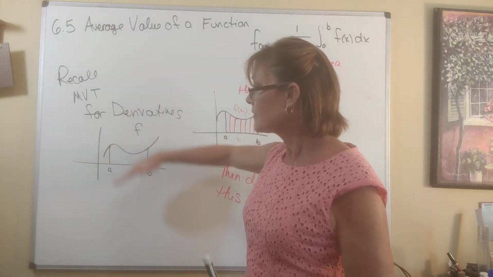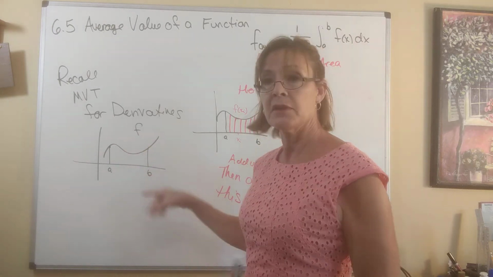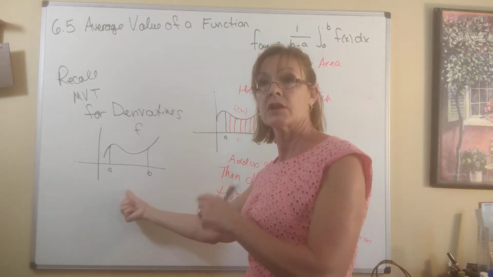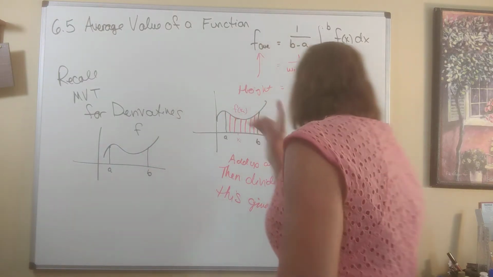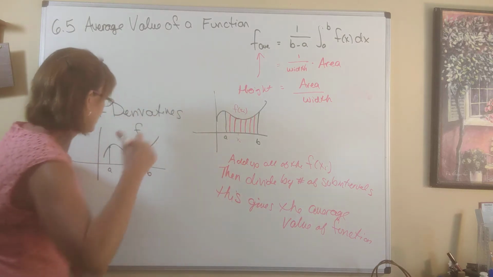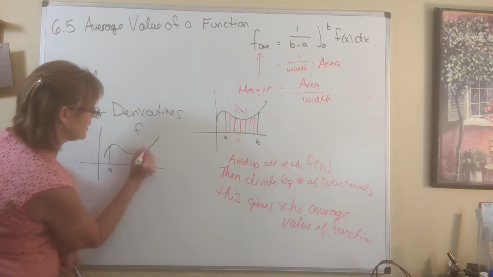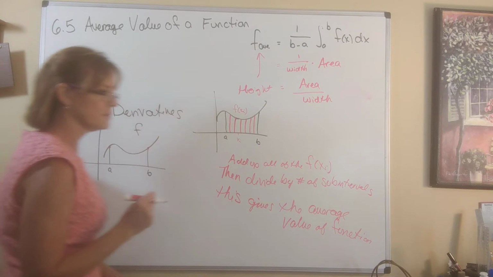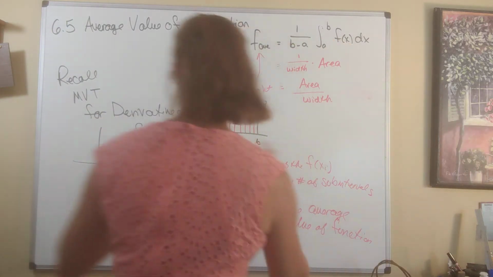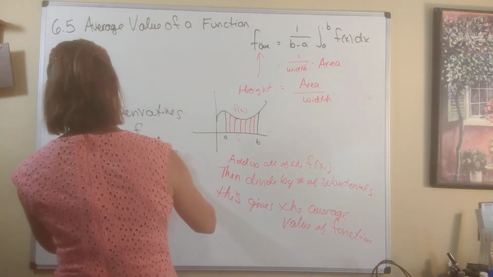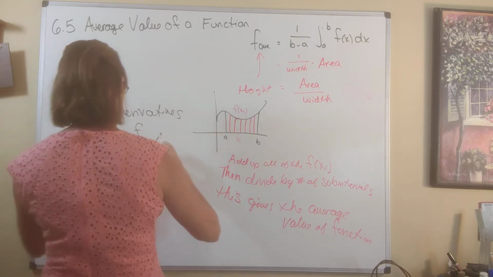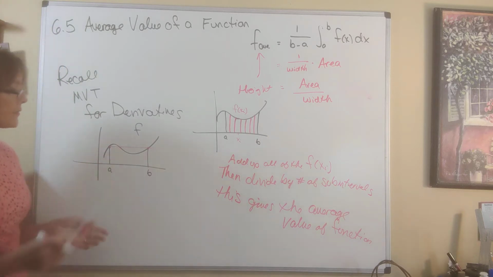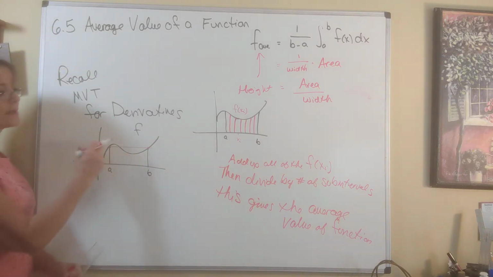So let's draw the secant line from a to b. Here's a and here's b. This looks almost horizontal, but if it ends up being horizontal, then it's horizontal. It doesn't matter if it's horizontal or not. This is the slope of the secant line between a and b.